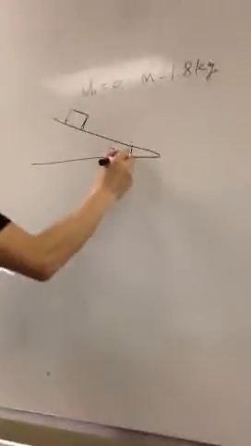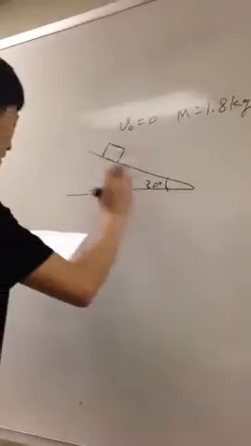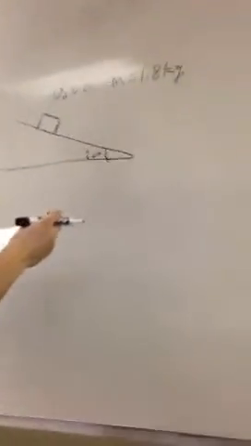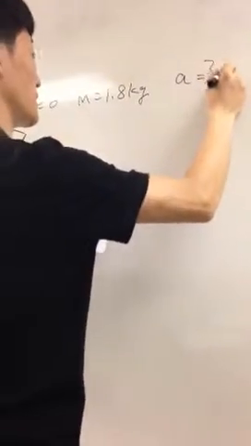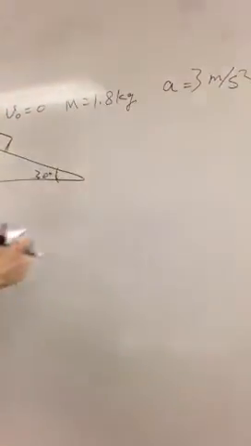And we know the angle here is 30 degrees. And as the block slides down the incline, the acceleration is 3 meters per second squared.